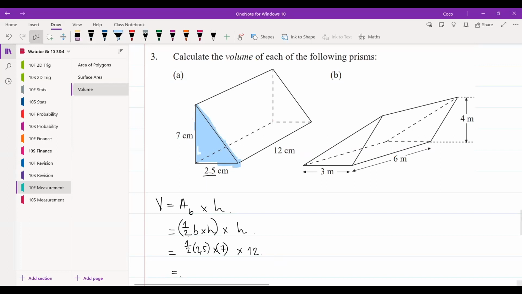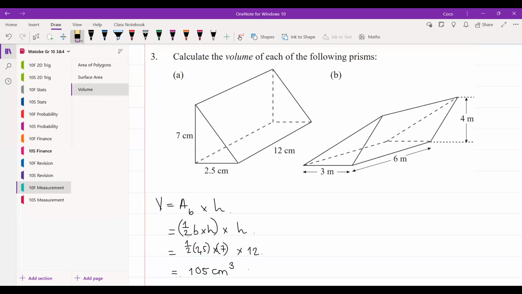Give me an answer, please. All right, so our full answer here is just going to be 105 centimeters cubed.